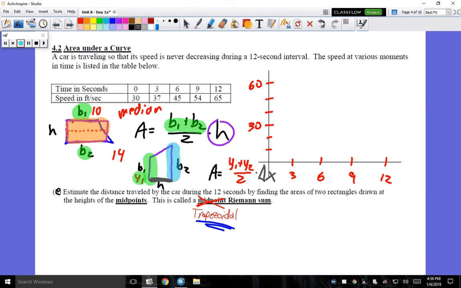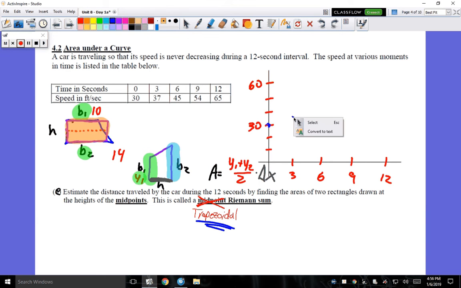Okay, so if I were to draw this out the way I was drawing the other ones from the table, let's go ahead and do that real quick so that you can see what we're going to be doing. We have 0, 30, 3, 37, 6, 45, 9, 54, and 12, 65.